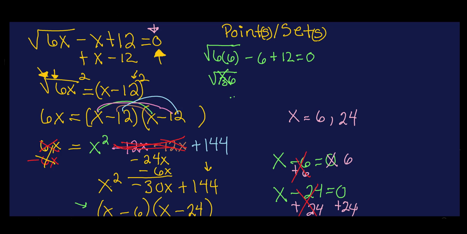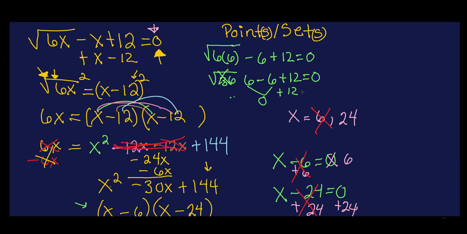So we can say 6 minus 6 plus 12. Does that equal 0? 6 minus 6 is 0. Plus 12 is 12. It doesn't equal 0. It equals 12. So one of our points, though we found 6, can't be 6. So you have to eliminate that 6.